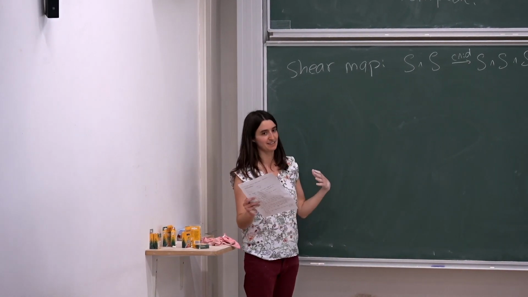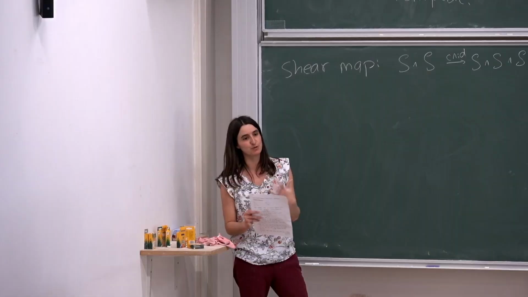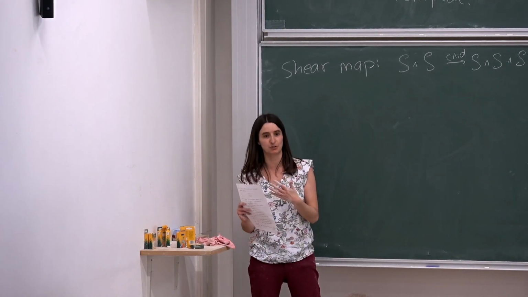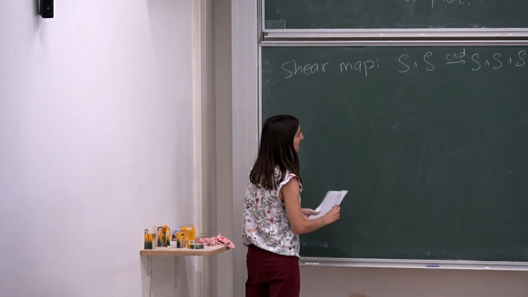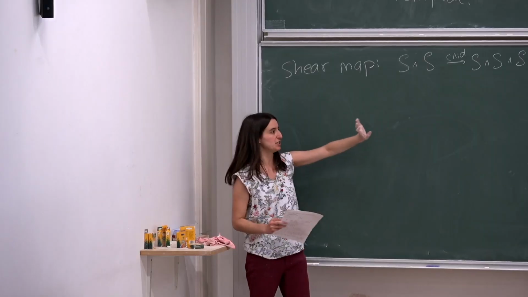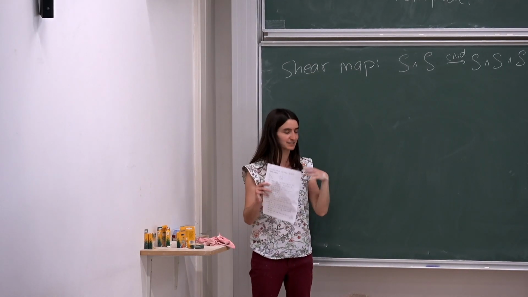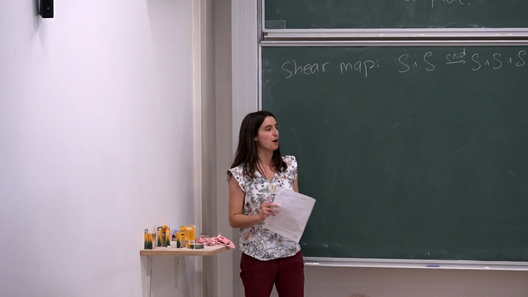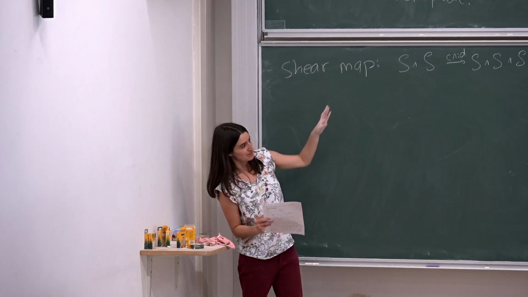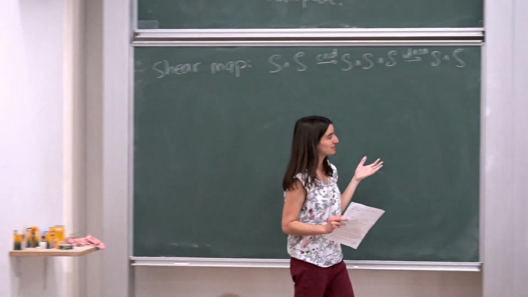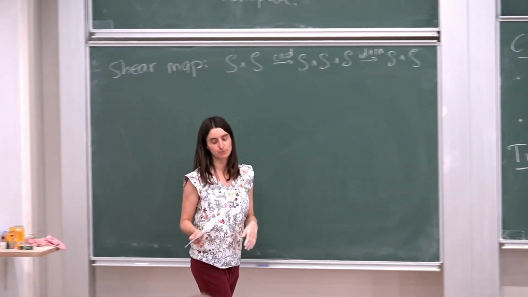So for a bialgebra, being a Hopf algebra is more of a property than a structure. Okay, so that's the strategy for proving the theorem. It all works out. It takes around 50 pages. So this does work. This gives us a Hopf algebra structure.